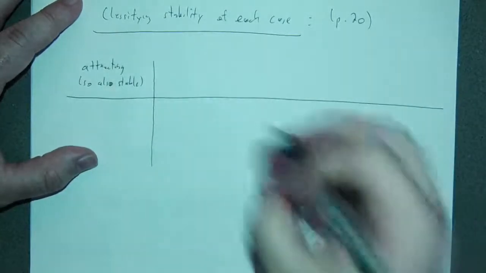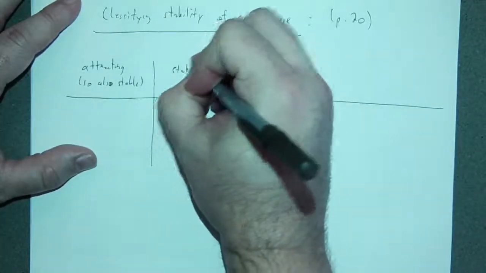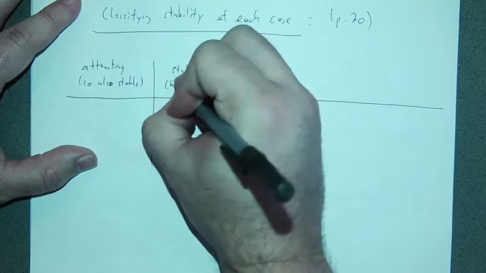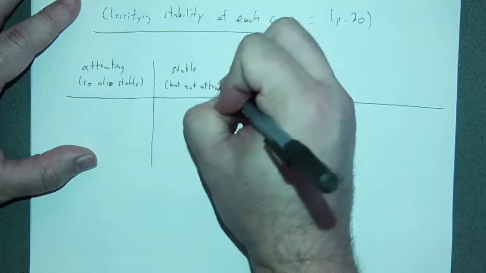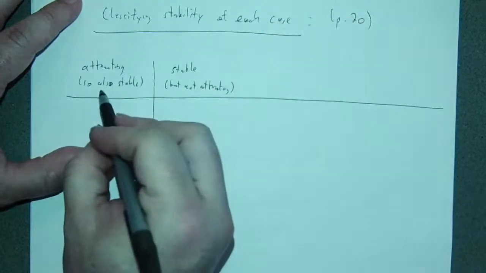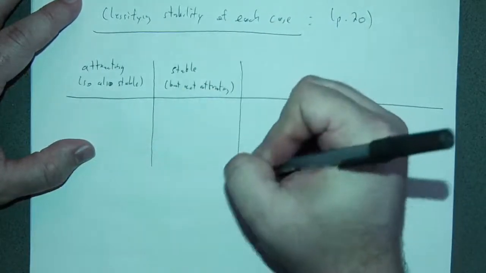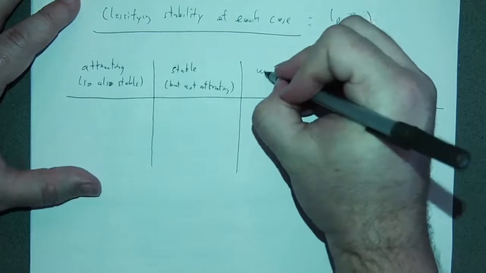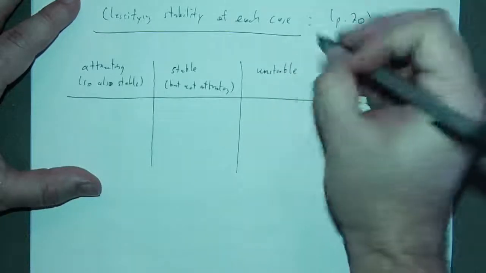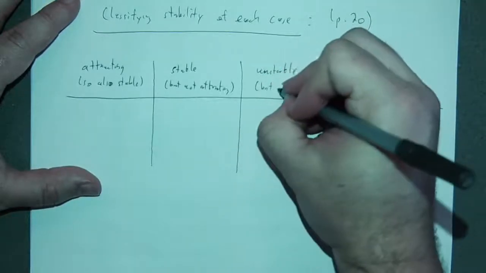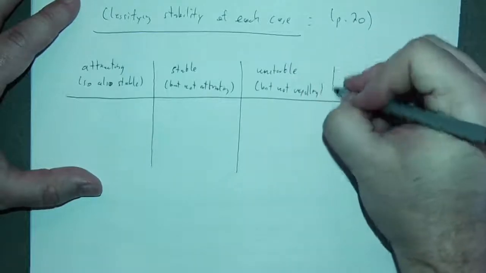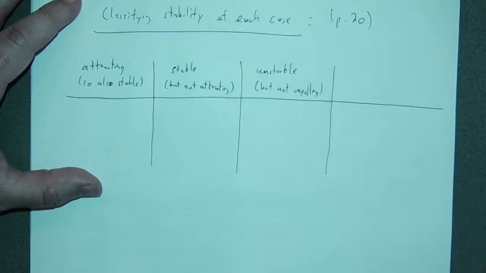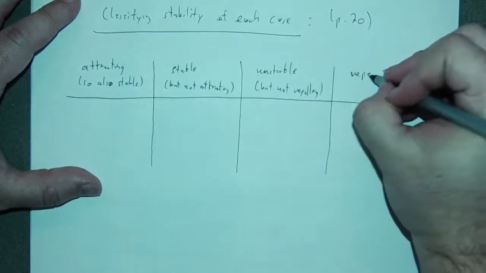In the second column, we have stable, but not attracting. So remember, everything in the first column is also stable. Then we have unstable, but not repelling. And then we have repelling, so also unstable.